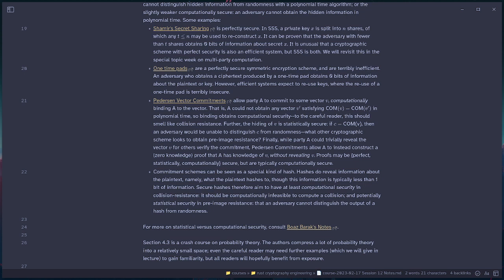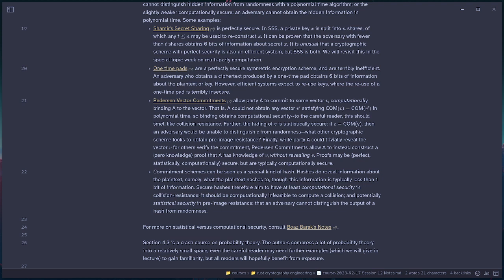The adversary in this case is the committer themselves. So the committer could not necessarily distinguish between their own commitment and an alternative pre-image. These things just don't make sense.